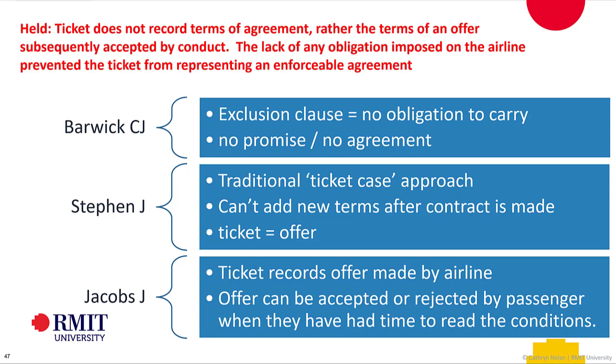If he sees the ticket as the offer, he would be saying that you can't make the contract until the ticket is issued. And so at the end of the day, well, no, that doesn't make sense. Sorry, I'm going to have to go back to my own notes as to why I've put that on the slide.